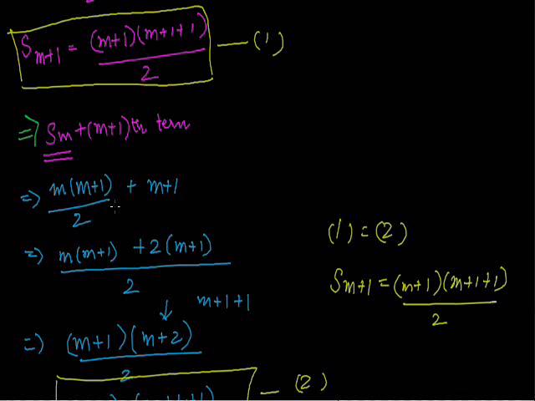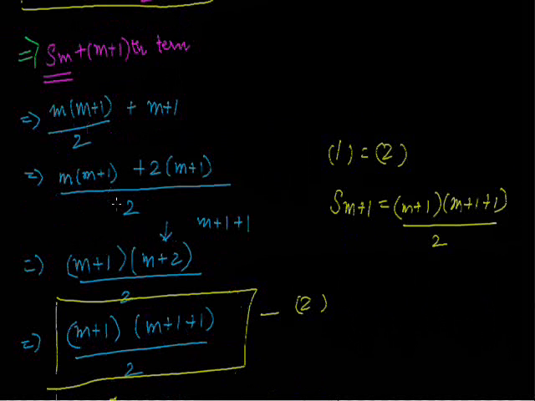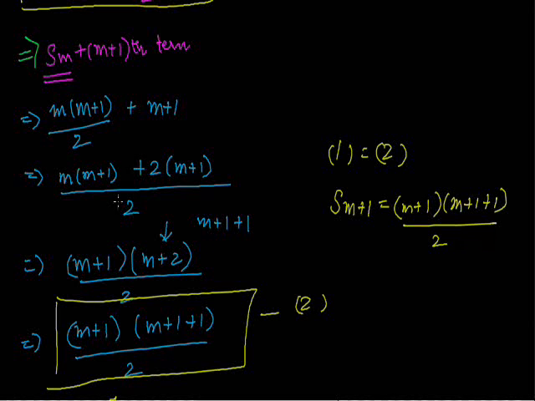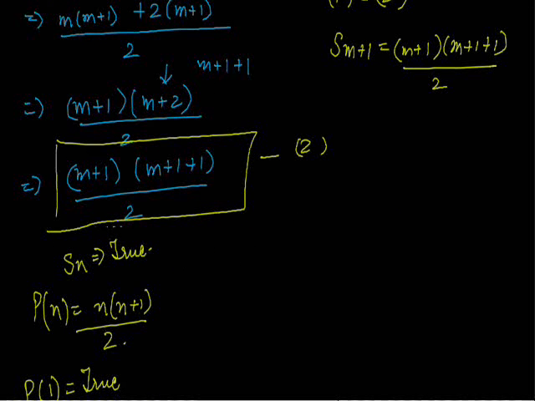Taking out the LCM and then taking m plus 1 common, we are left with m plus 1 into m plus 2 upon 2. Splitting 2 as 1 plus 1, we get m plus 1 into m plus 1 plus 1 by 2.